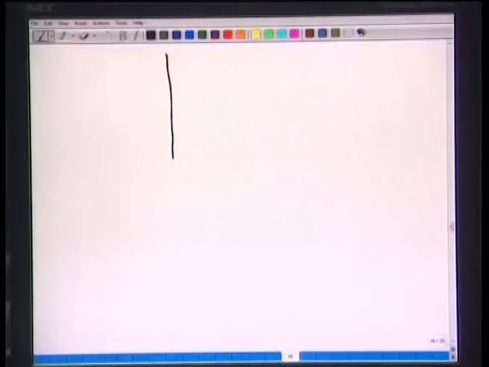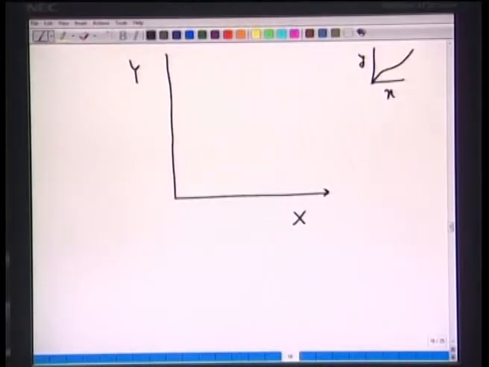Now, let us mark our points x1, y1, x2, y2 on these equilibrium curves and draw the operating curves. So, we have the same capital X, capital Y, which will be equivalent to some small y and small x, different ways of drawing the equilibrium curve. So, we can draw say an equilibrium curve like this.